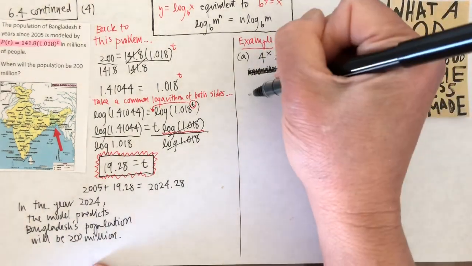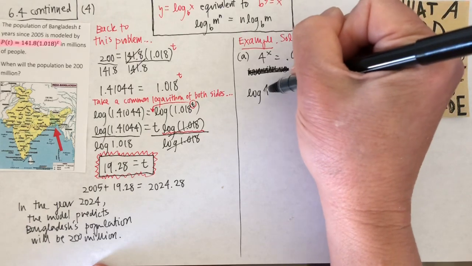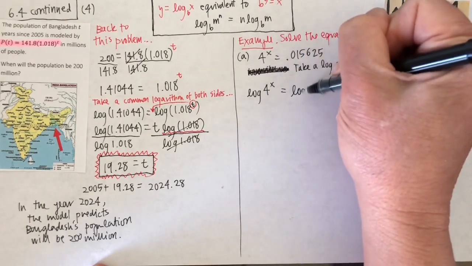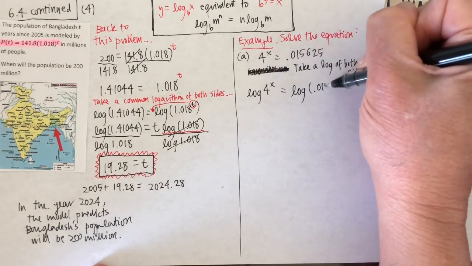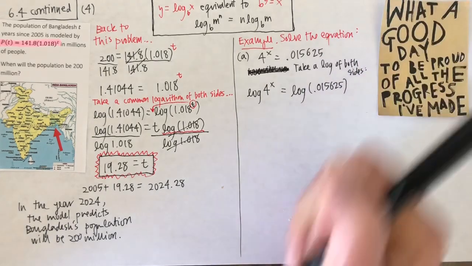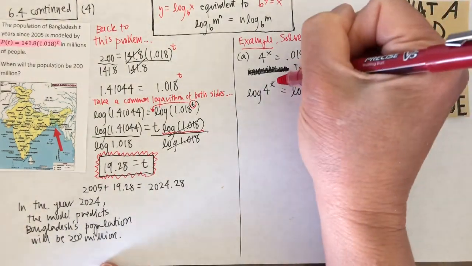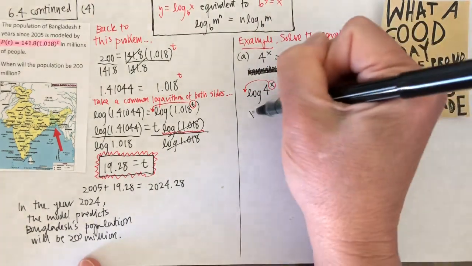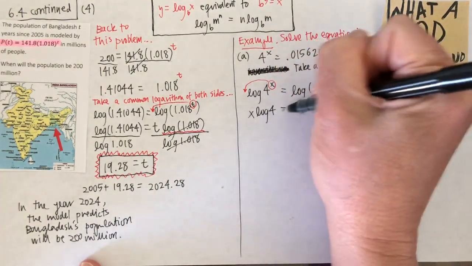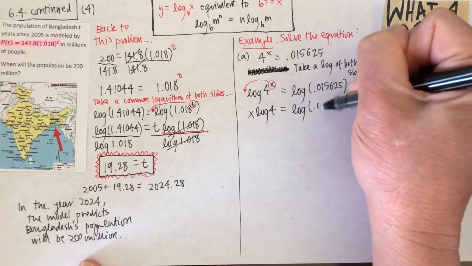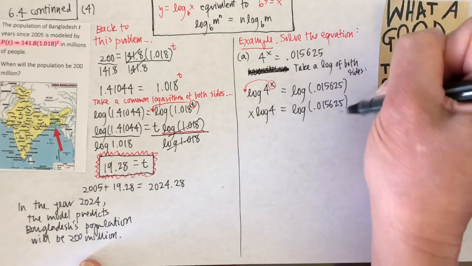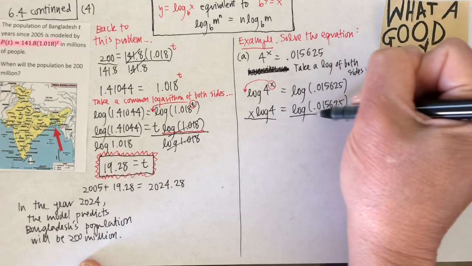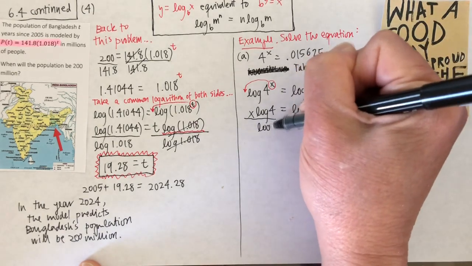Okay, so log to the base 10 of 4 to the x should equal log to the base 10 of 0.015625. Now the power rule of logarithms enables me to bring this down. So x times log of 4 equals log of this. And I'll divide both sides by log of 4.